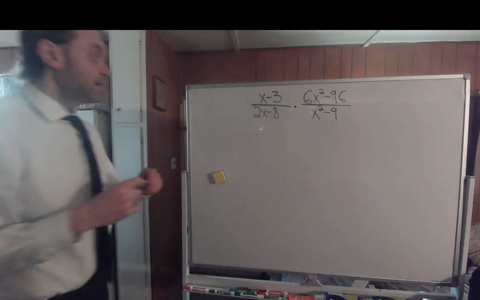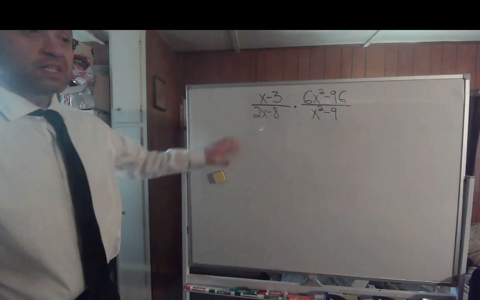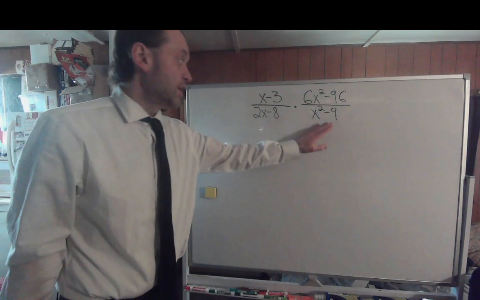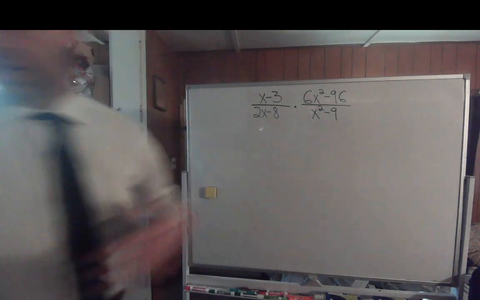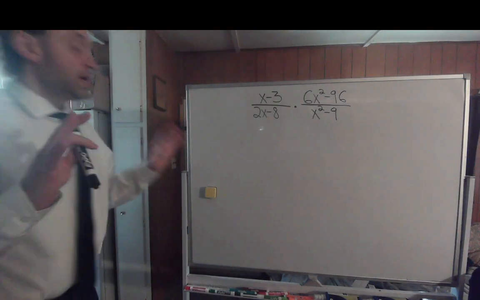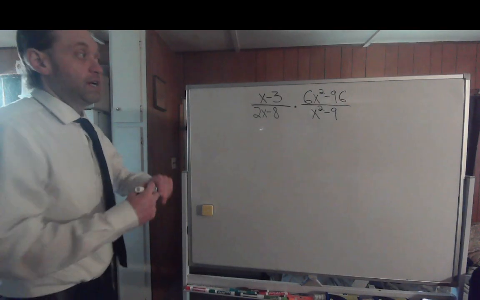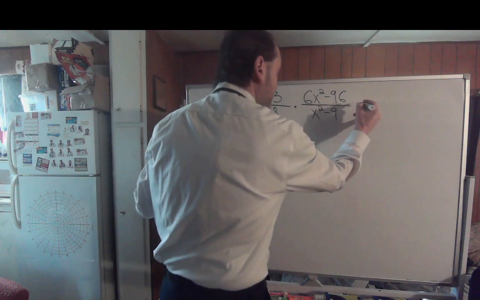Alright, so we have x minus 3 over 2x minus 8 times 6x squared minus 96 over x squared minus 9. Well, in these situations, you definitely want to factor everything. So factor everything completely to start with.